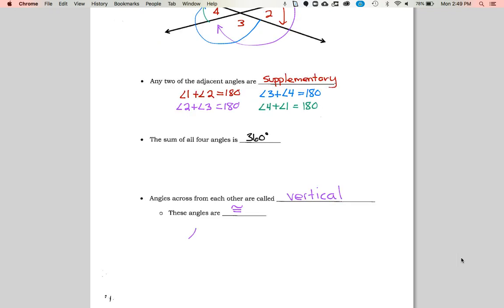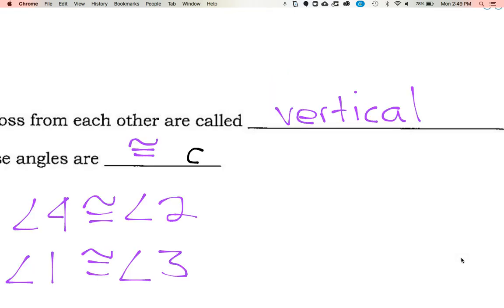So that means angle 4 is congruent to angle 2. Angle 1 is congruent to angle 3. They're congruent, or they're equal in measure.